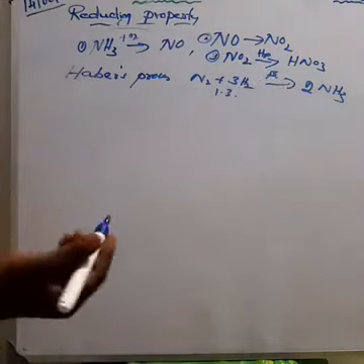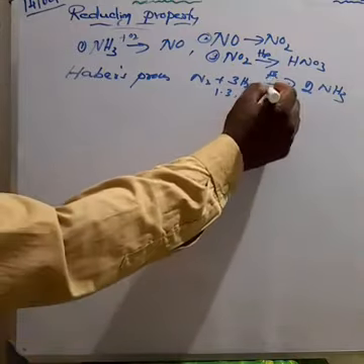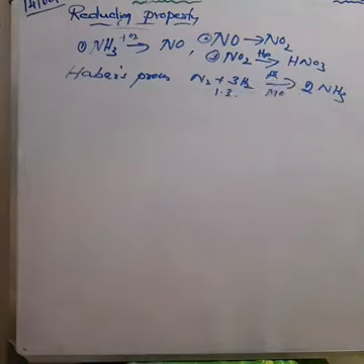Iron, Fe, acts as a catalyst, and one of the promoters is molybdenum. That we already learned. Here, in Haber's process, we are preparing ammonia.